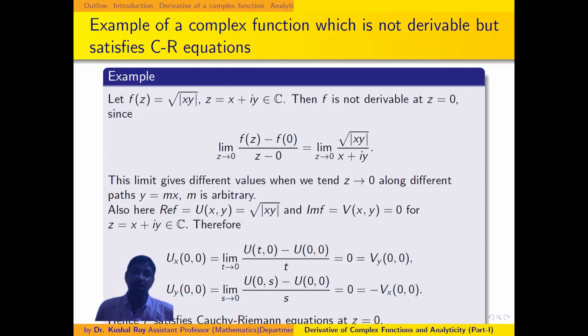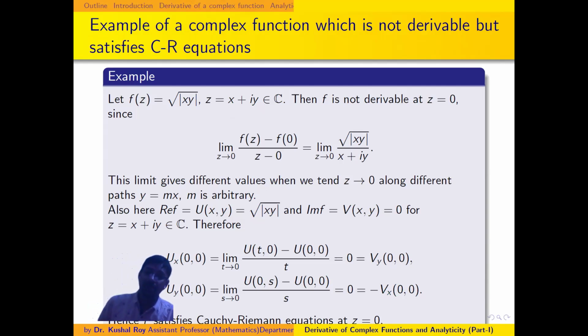Also here, the real part of f, u, is root over mod xy, and the imaginary part of f is 0. Therefore, u_x(0,0), the partial derivative of u with respect to x at (0,0), is the limit as t tends to 0 of (u(t,0) minus u(0,0)) by t.